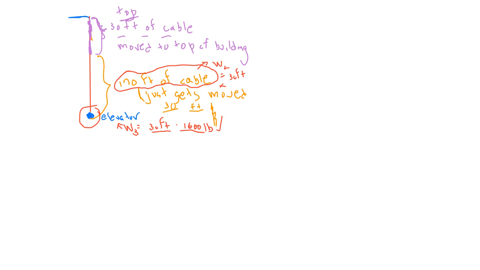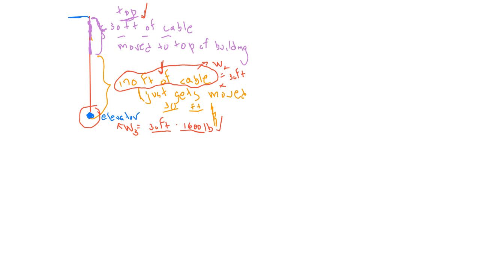You are, but of the 200 feet of cable, we have to treat the top 30 feet of cable differently than the bottom 170 feet of cable, because the bottom 170 feet of cable just gets moved 30 feet.